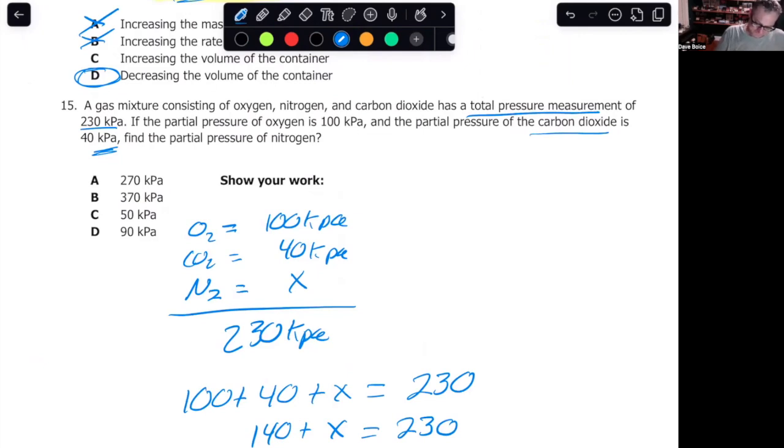So X equals, I'm going to take the 140 and subtract that from both sides. So X equals 230 minus 140. And I will let you solve that one and pick A, B, C, or D.